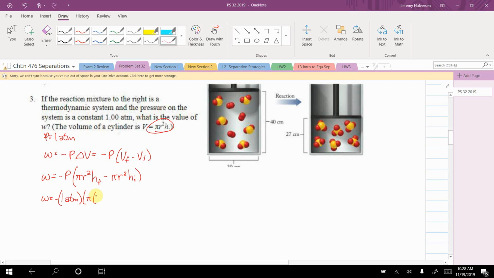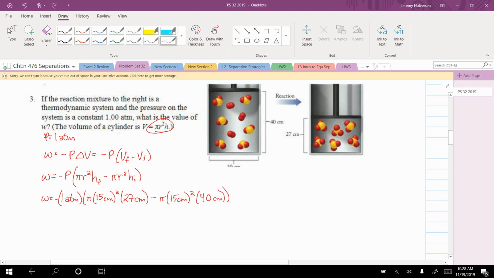R is 15 centimeters squared. My final height is 27 centimeters. Minus pi, 15 centimeters squared. And my initial height is 40 centimeters.